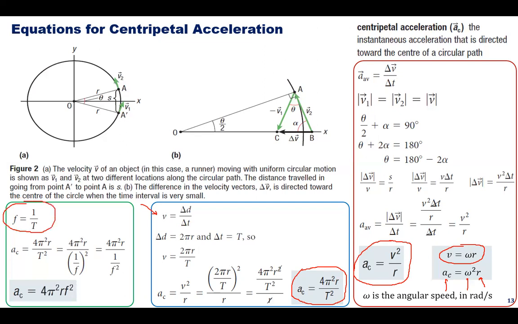So again, if you know the frequency instead of the period, we can also have another form of formula to calculate the centripetal acceleration, which means the centripetal acceleration a_c can also be calculated using 4 pi squared r f squared, which is shown here in this formula.